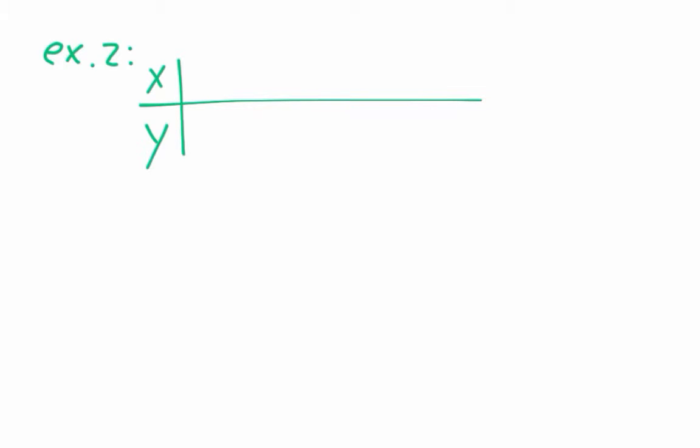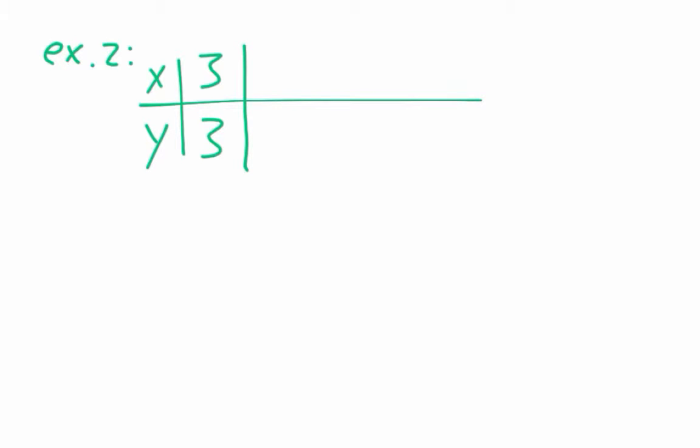Okay. Now, let's look at some that are a little bit more specific to our function things. So my example 2, I'm just going to make a little data table. And I'm going to make it horizontal just for space sake. First row is x, second row is y. And I'm going to throw some points in there. So my first x is 3, my y value is 3. So in other words, you could say there's an equation that gives you this.